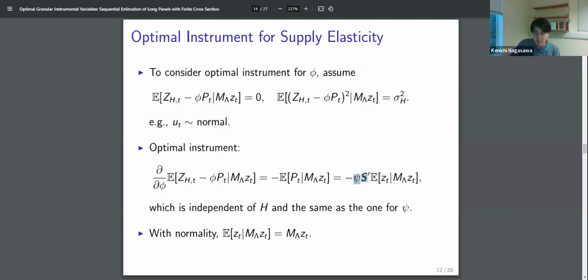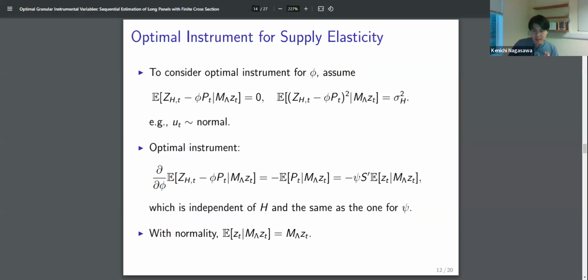So we obtain this formula, and because the scaling doesn't matter for the optimal instrument, we see that the optimal instrument for the supply elasticity coincides with the optimal instrument for the demand elasticity, although we did assume stronger conditions. And so that's a new finding. We characterize the optimal instrument for the disaggregated equation, and as it turns out, this optimal instrument does not depend on the weight vector H.